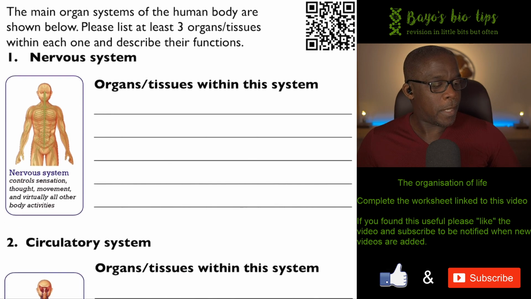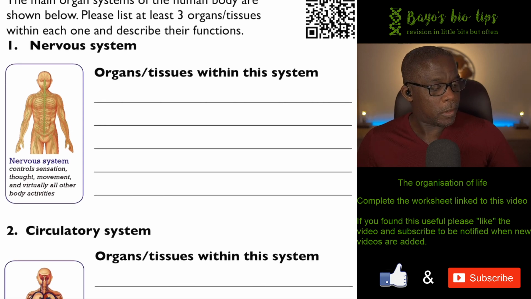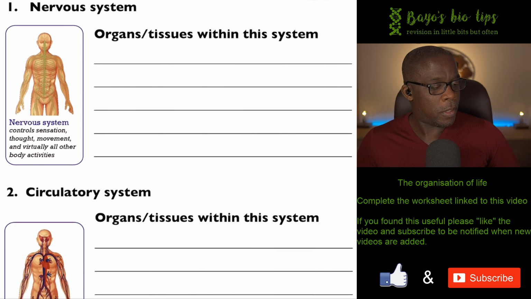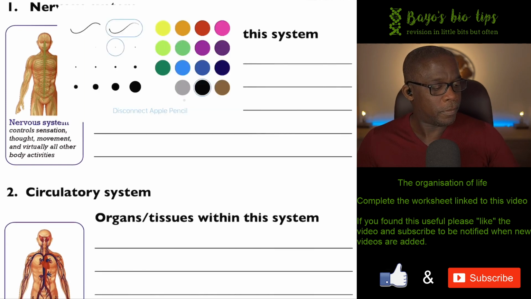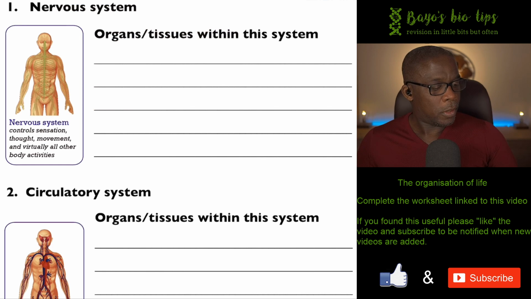So the next stage, we're going to start discussing some of the organ systems within the human body. So let's start off with the nervous system. The nervous system is divided into two main sections, the CNS and the PNS.